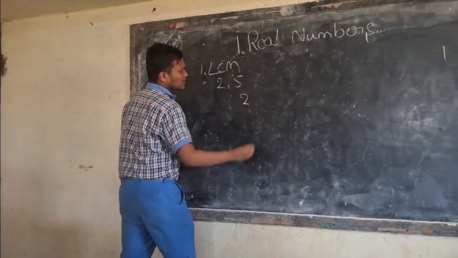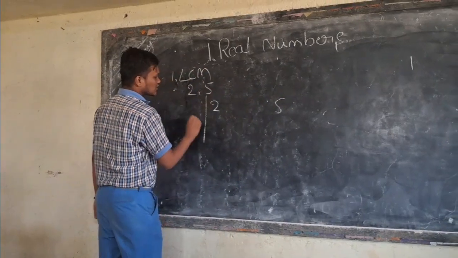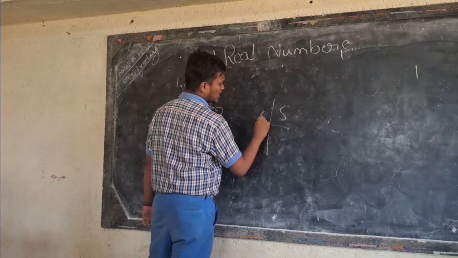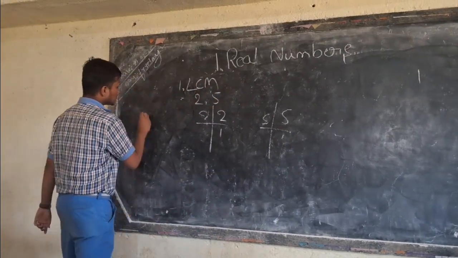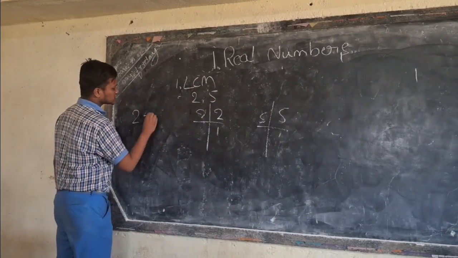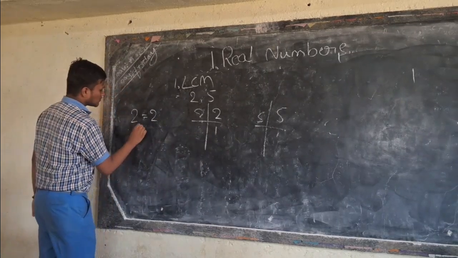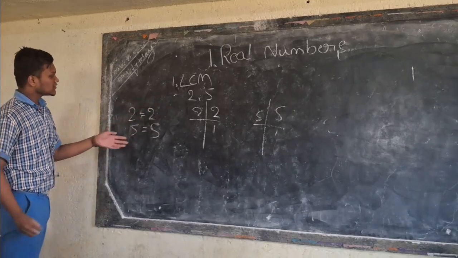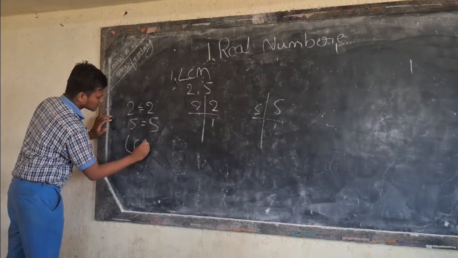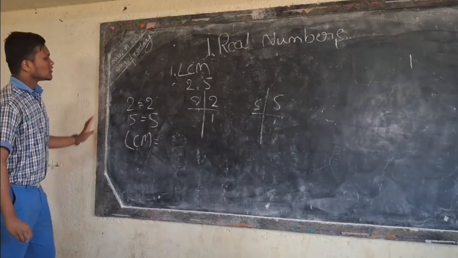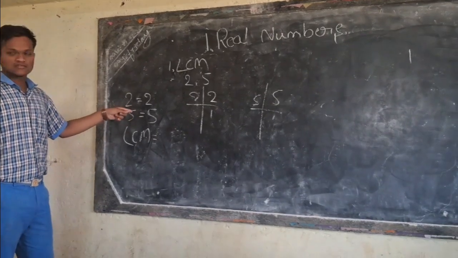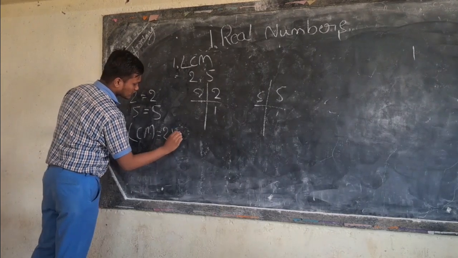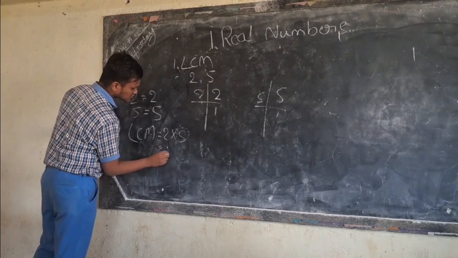Take 2 separately and 5 separately. Here write 2 and its factor, which is 2. Here 5, its factor is 5. Then LCM is equal to, here any same numbers? No. Take both numbers, 2 into 5. Then LCM is 10.